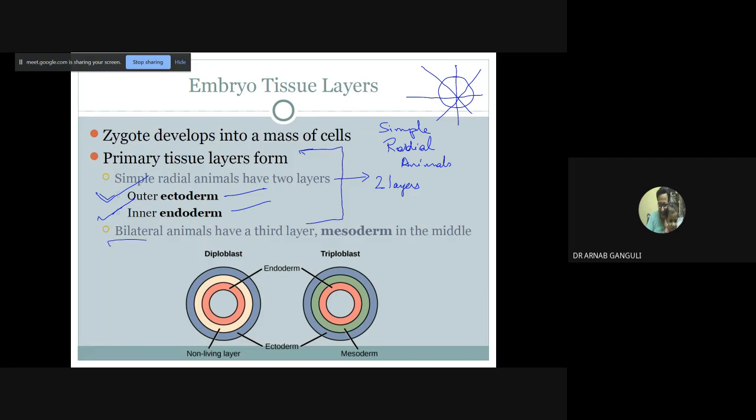And the bilateral animals, most of them have a third layer, the mesoderm, in the middle.